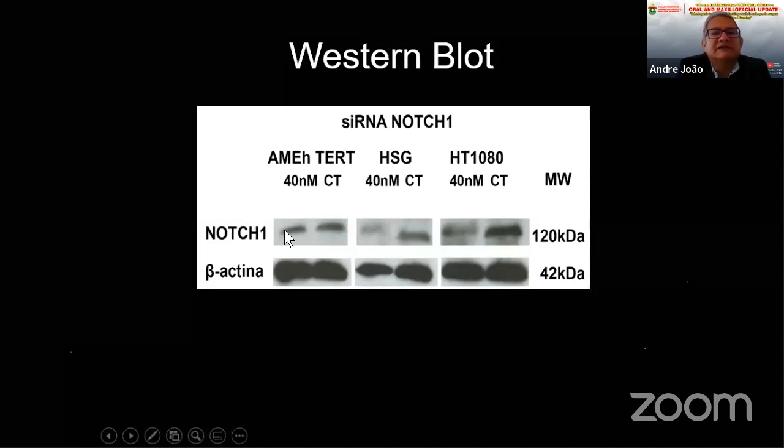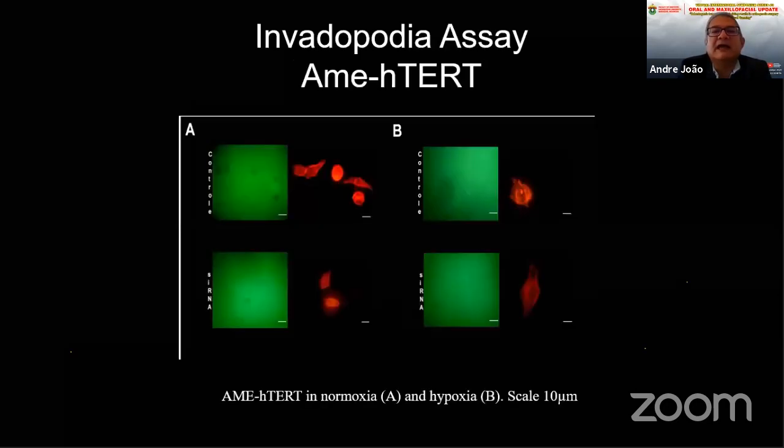Look at the western blot: it shows a lower expression of NOTCH1 than the control. This confirms the knockout. And after the knockout of NOTCH1, we performed an invadopodia assay in the cell line.